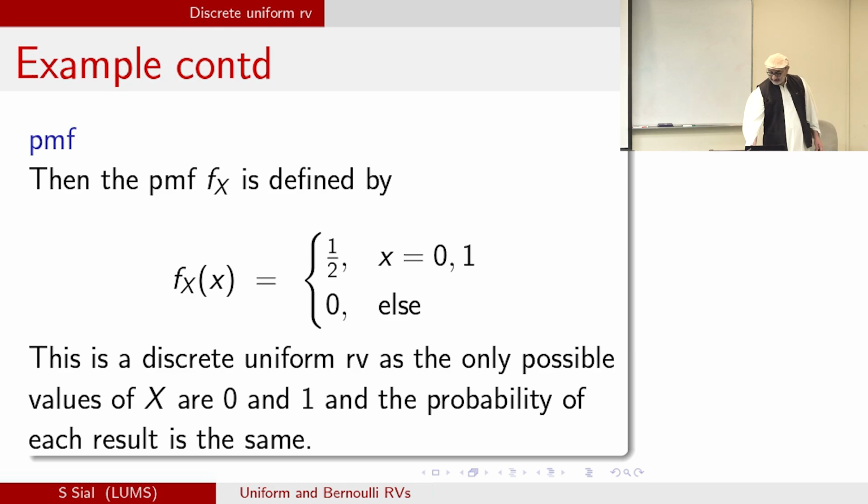All right, and then we might write the PMF like this. The probability that x takes the value small x, for small x being the allowed values of 0 and 1, is the same, 1/2, and it's 0 otherwise. So again, this is an example of a discrete uniform random variable.